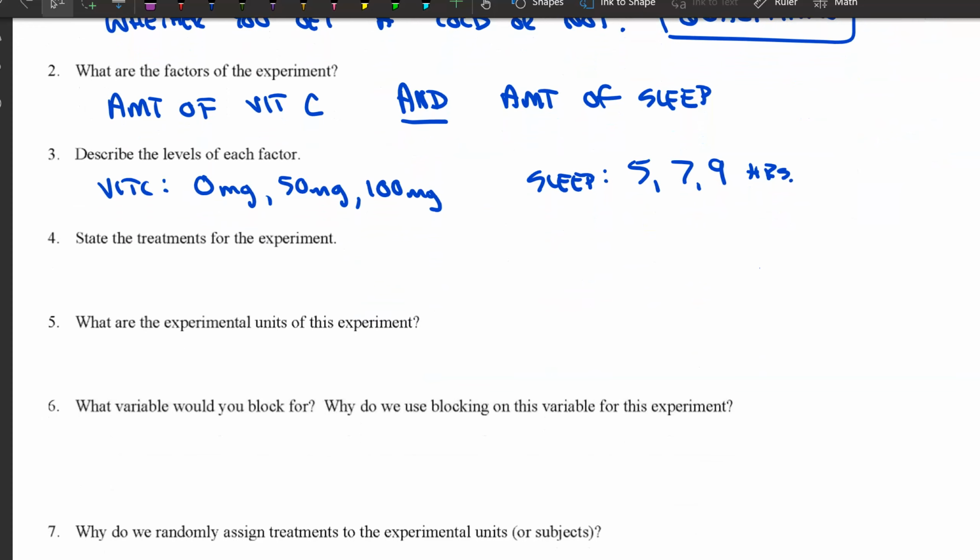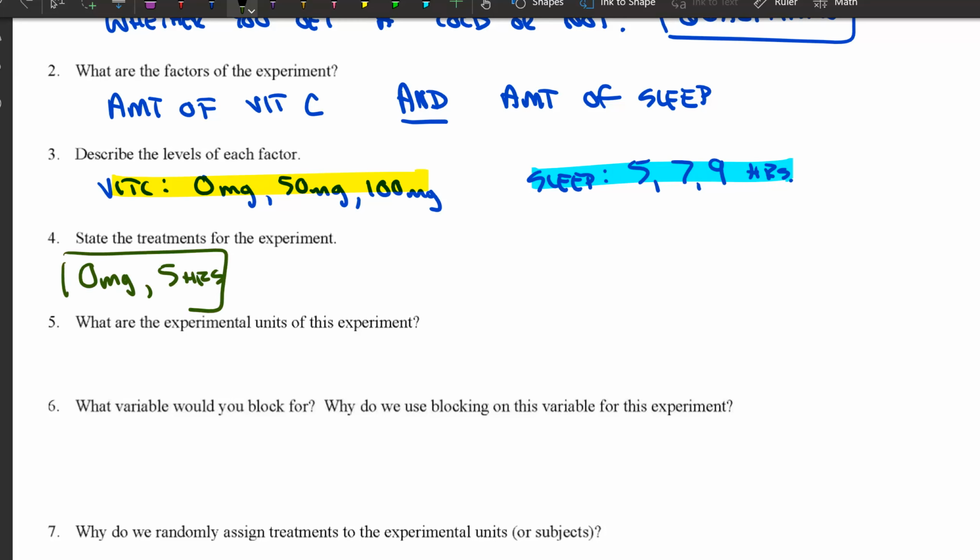State the treatments. So the treatments are always going to be the combinations of each of our levels. So treatment 1 would be 0 milligrams of vitamin C and 5 hours of sleep. 0 milligrams of vitamin C and 7 hours of sleep. 0 milligrams and 9 hours of sleep.